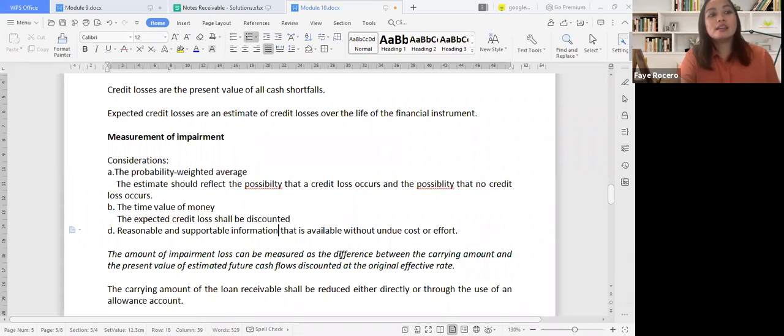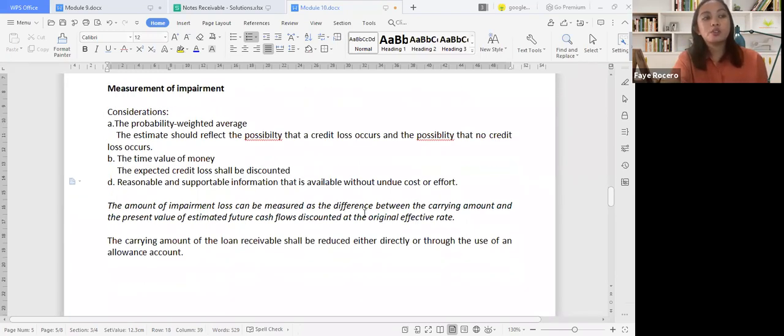Halimbawa, the borrower, tumakbo na siya. So we need to recognize impairment if there had been such evidence that there is a probability of loss or possibility of loss or uncollectibility.